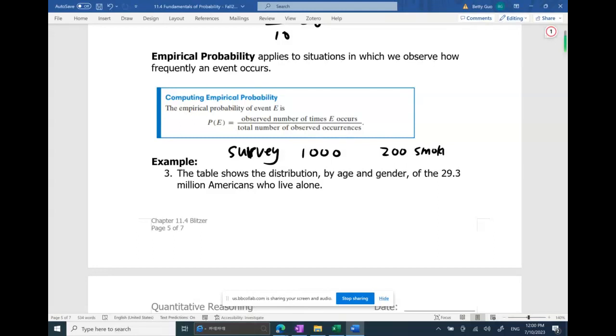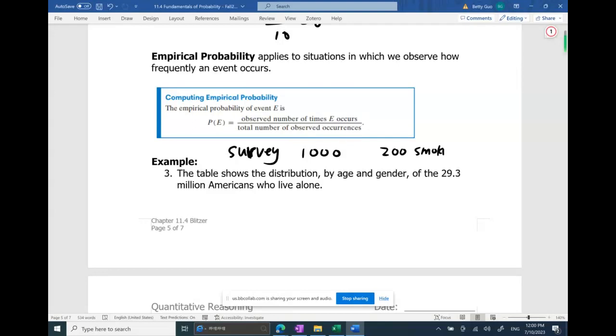How many outcomes in your sample space? 2 outcomes, right? The first outcome, smoker. Second outcome, non-smoker. However, this model is not a theoretical model because getting a smoker and getting a non-smoker are not equally likely to occur. They are not equally probable. So this is not theoretical. It has to be empirical.